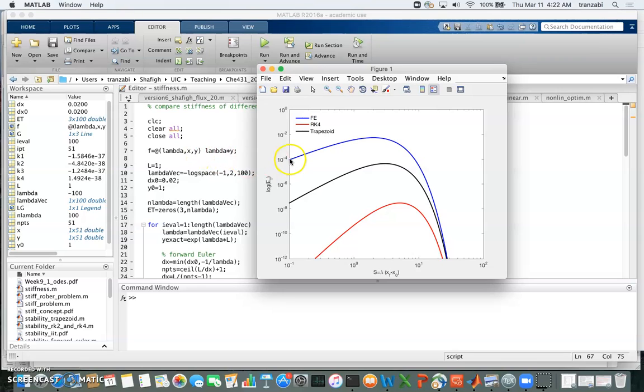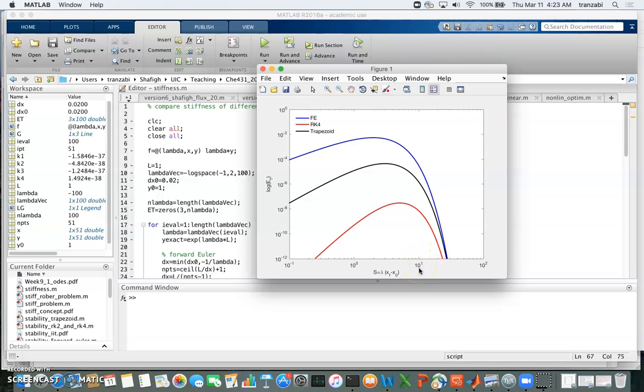We see that forward Euler has the highest error. This is the error against the log of stiffness, assuming that the domain length is 1. I set the domain length to 1 in my code.